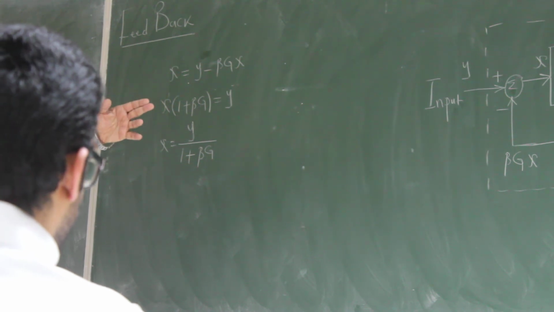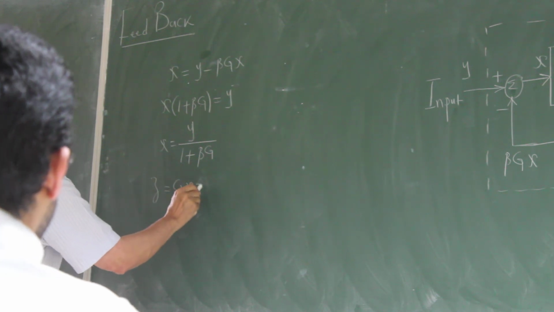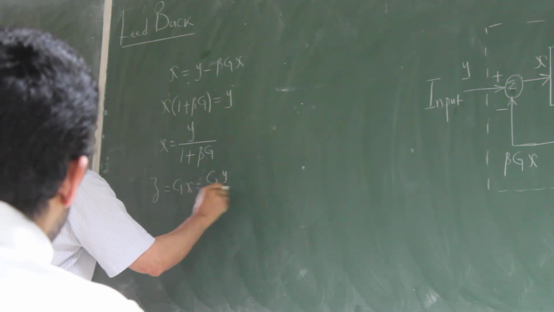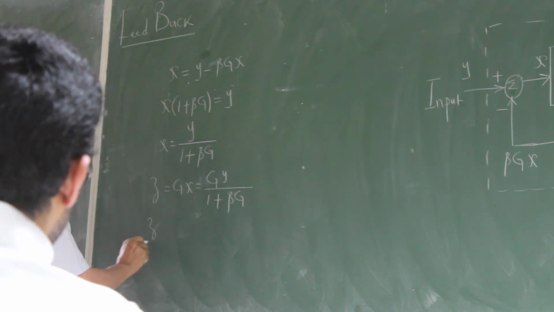Z is equal to G times X, and equal to G Y over 1 plus beta G. So what is Z over Y?